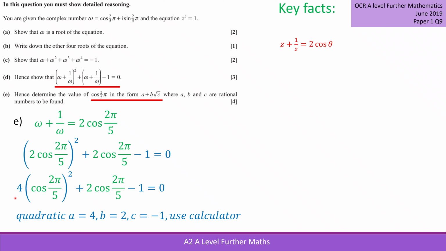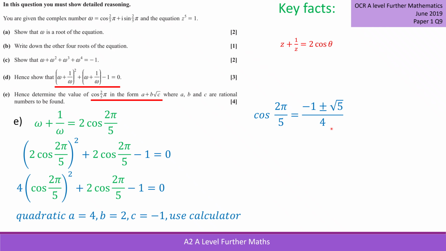A, which is the coefficient of the first part, is going to be 4. B is the coefficient of the middle term, which is going to be 2, and C is the value on the end, which is -1. You're going to substitute those values into your calculator to get the answer of cos of 2 pi by 5, which is going to be -1 plus or minus the square root of 5 over 4.